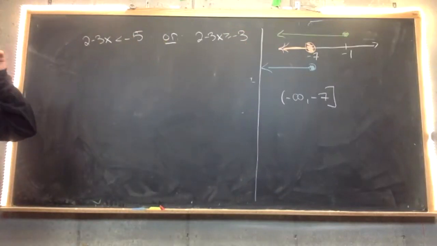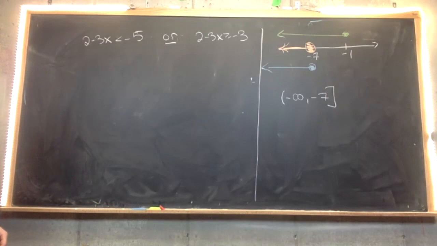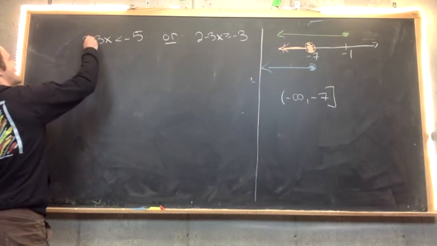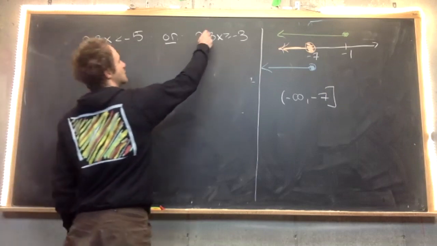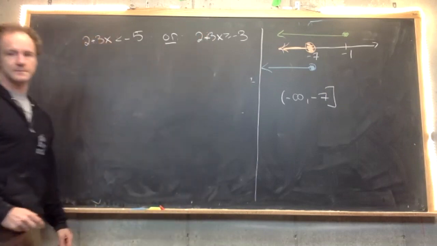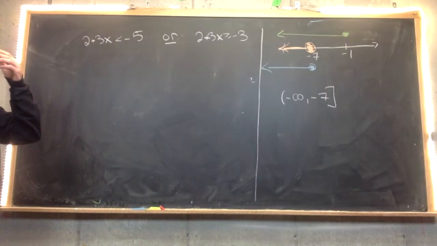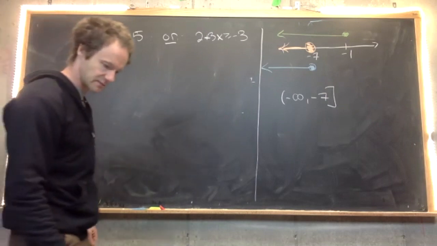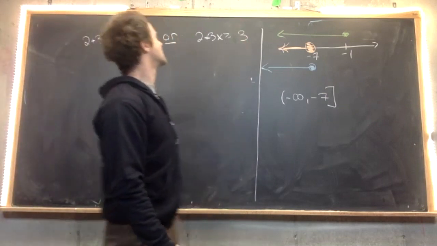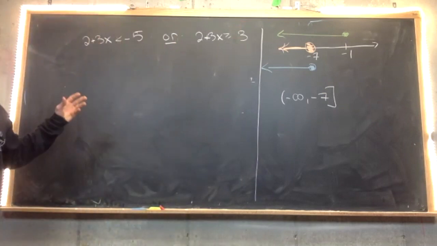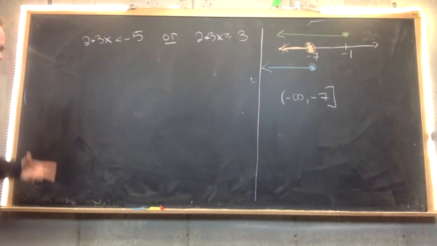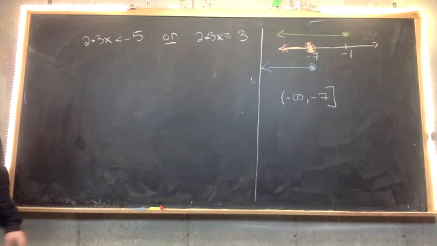So we're going to do the same kind of thing. I'm actually going to change this to 2 plus 3x for now. Sorry, this should be +3. So we're going to do the same kind of thing, work these in parallel, and then fuse the information together at the end.